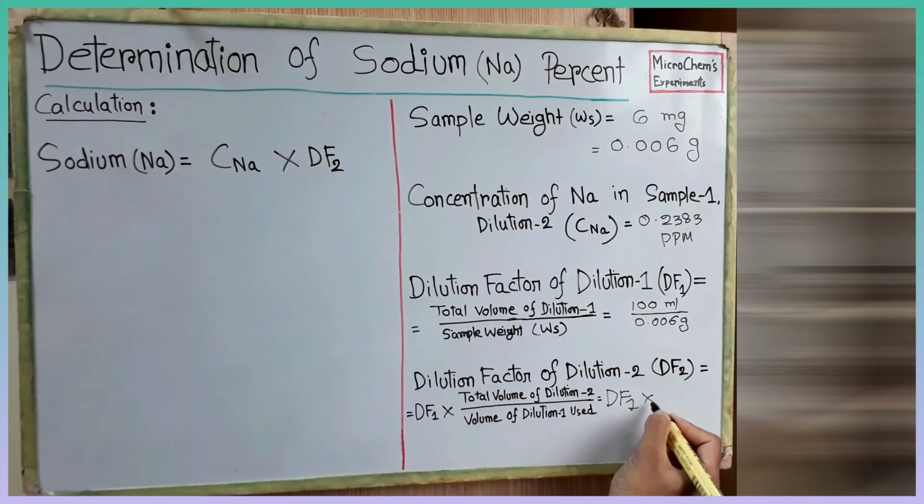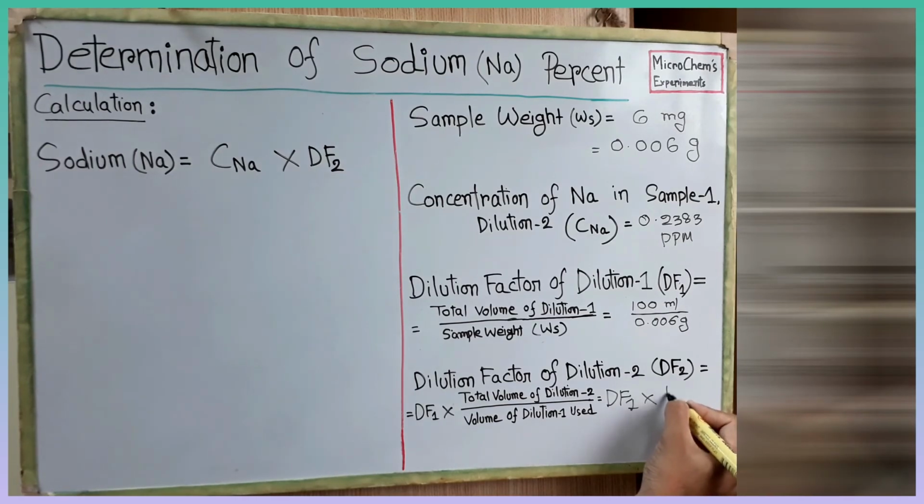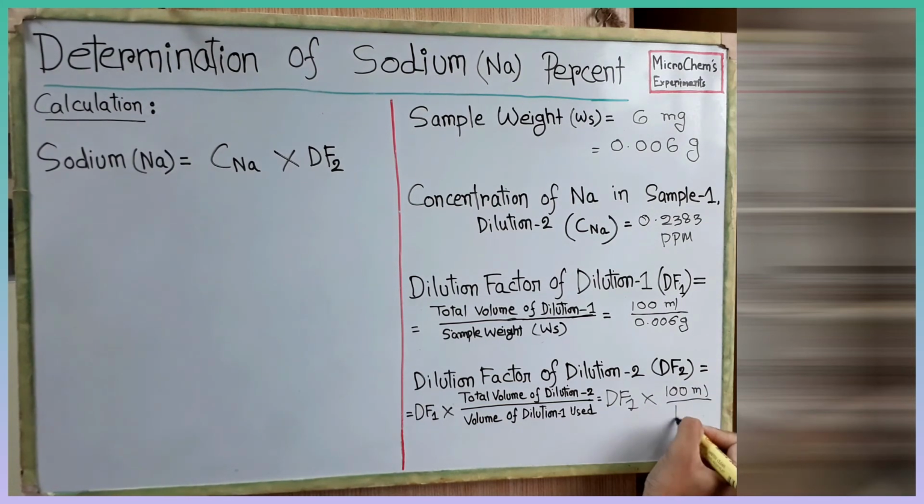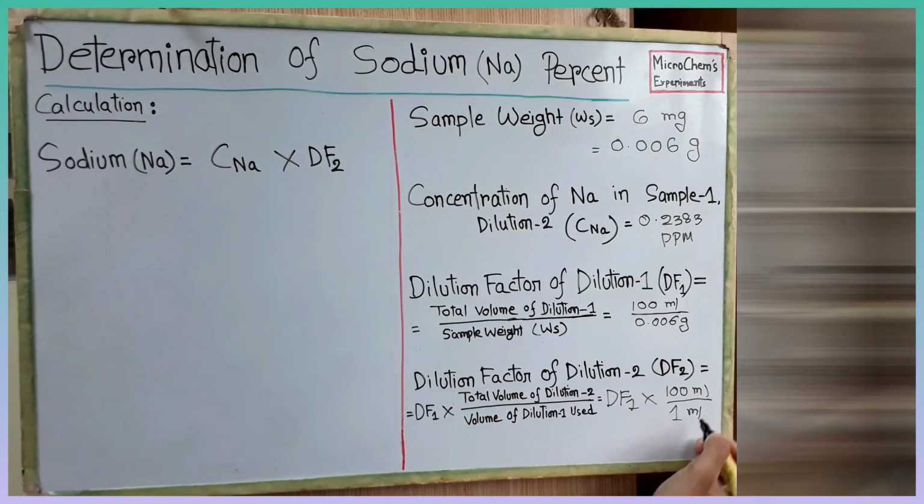multiplied by. We made 100 milliliters volume in the second dilution. And we transferred 1 milliliter solution from dilution 1 to make dilution 2.